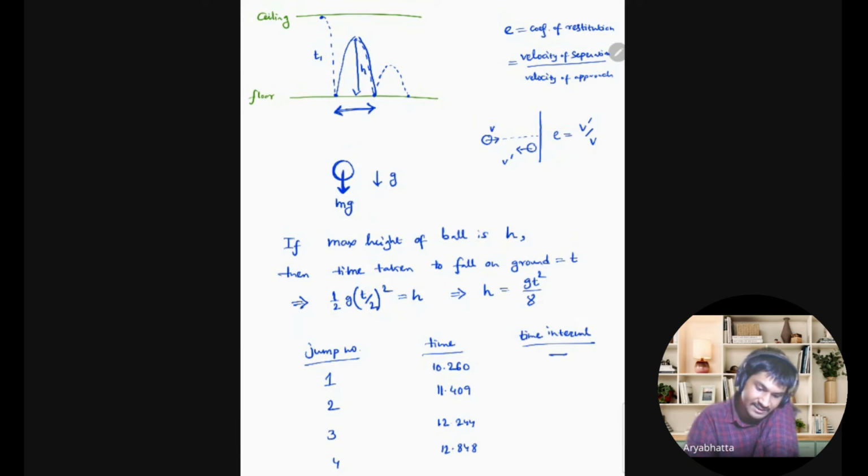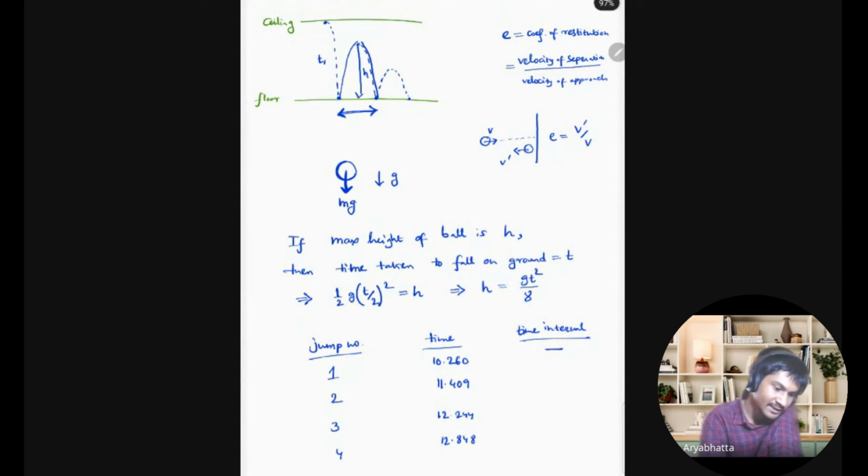But for the second jump, the time interval is this minus this. And that we can write as 1.149 seconds.